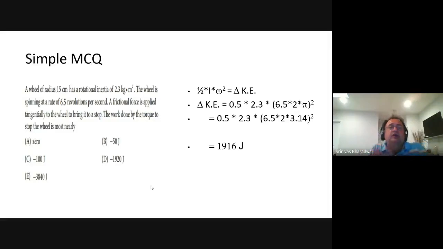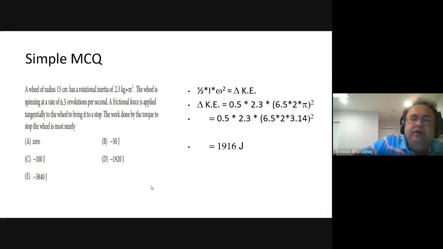Today we are also going to look at rolling, right? Rolling, what is the most common thing that rolls? It is the wheel, right? So here there is a wheel which is spinning without moving, right? So if it is spinning without moving, it is in the same place, rotating at 6.5 revolutions per second. What is omega? Omega is 2 pi by T. What is T? T is 1 by 6.5, because it goes 6.5 revolutions in 1 second.